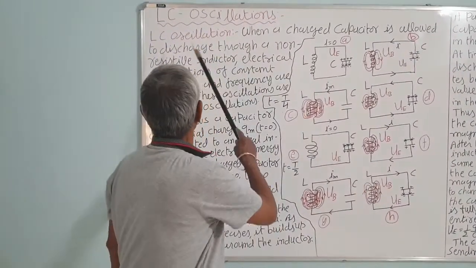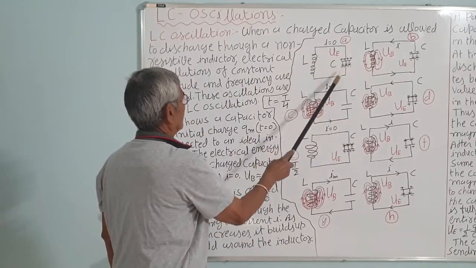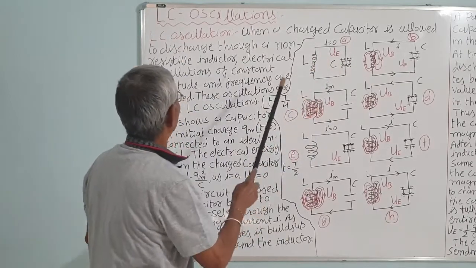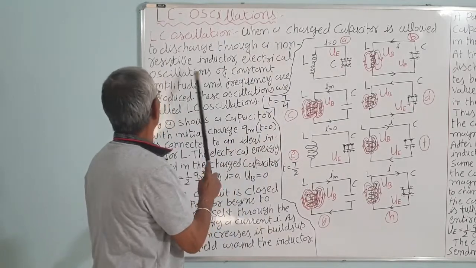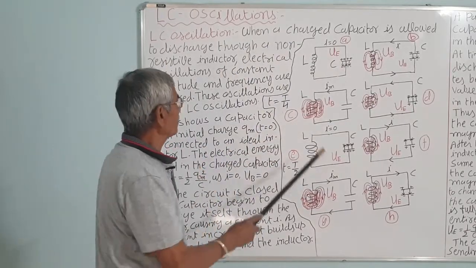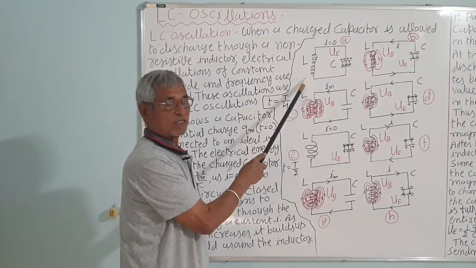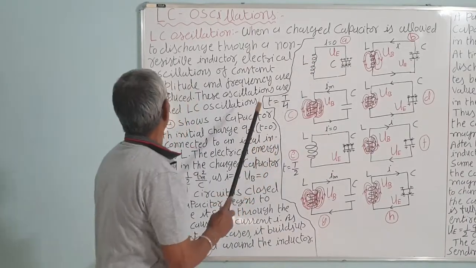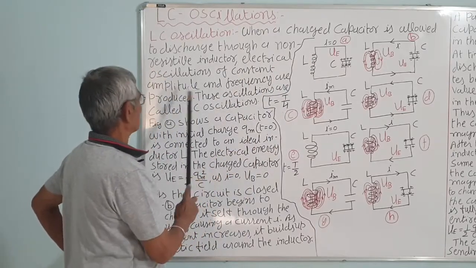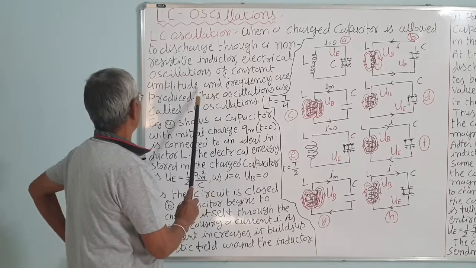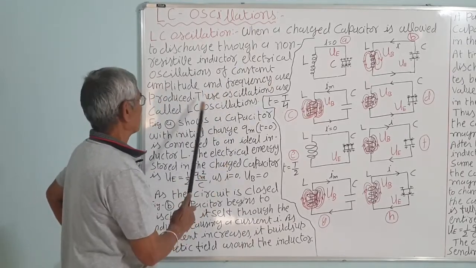LC oscillations: the inductor and capacitor are connected. When the charged capacitor is allowed to discharge through a non-resistive inductor, that is, the resistance of the coil of the inductor is considered to be 0, electrical oscillations of constant amplitude, that is sustained oscillations, and constant frequency are produced.